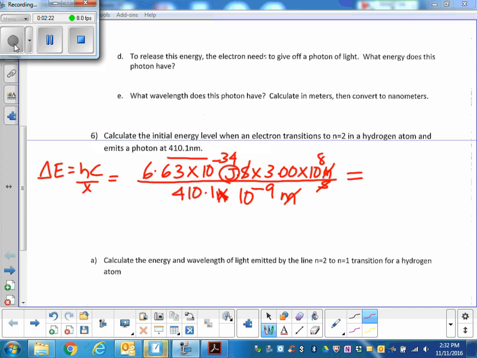6.63. So what did you get? 4.85 times 10 to the negative 19 joules. Yes or no?